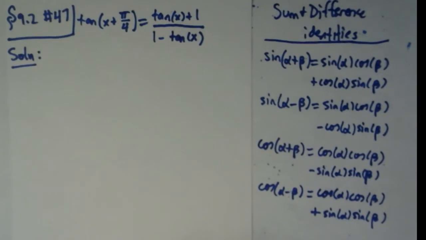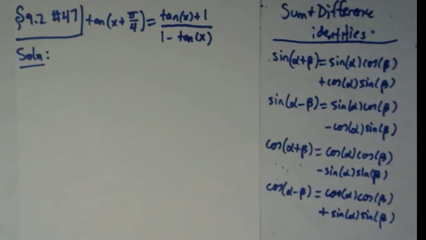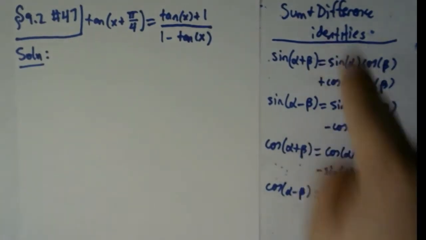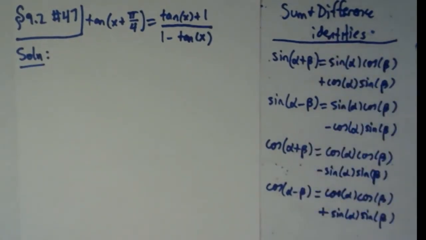To me, in my experience, the left-hand side here is going to be more complicated because we're going to have to use the sum and difference identities to satisfy it. Going backwards with one of these identities is always worse than trying to go forwards with them, left to right. So I'm going to start with the left.